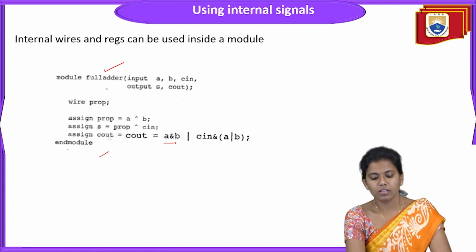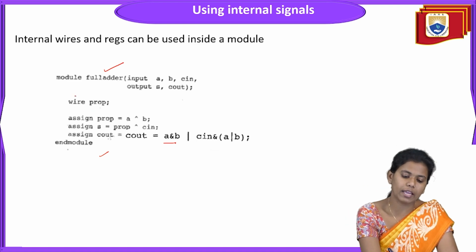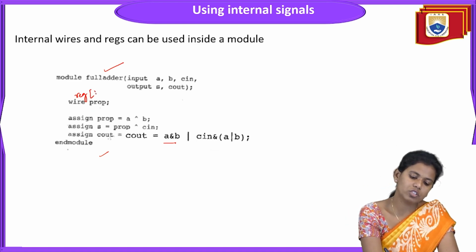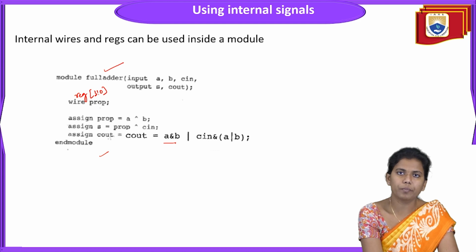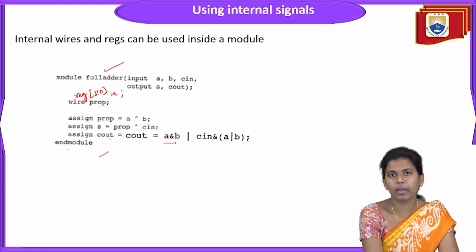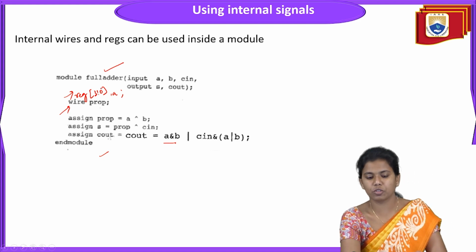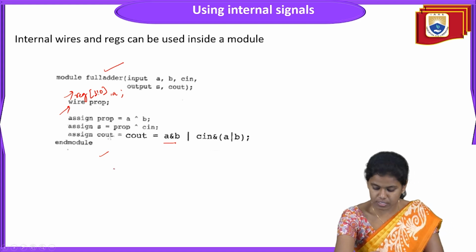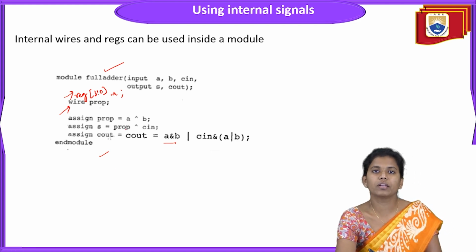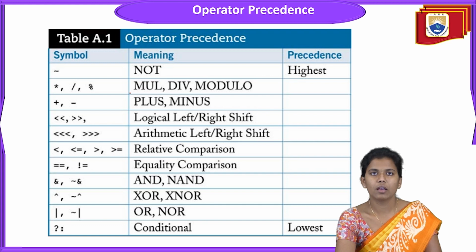The same, but in place of wire, I can write reg. Reg [3:0] A. This is how I can represent it with registers and with wires using the internal signals. When you use wires and registers, you call them internal signals. Using the internal signals, this is how we write the program.